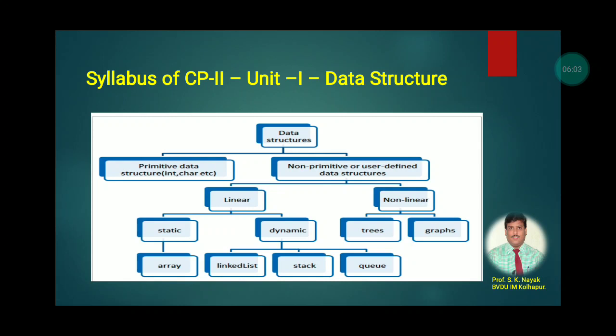Again, stack is also one example of a dynamic linear data structure. Then we will have a queue also, with different types of queue under dynamic linear data structure. If you see the nonlinear data structures, examples are tree and graphs.